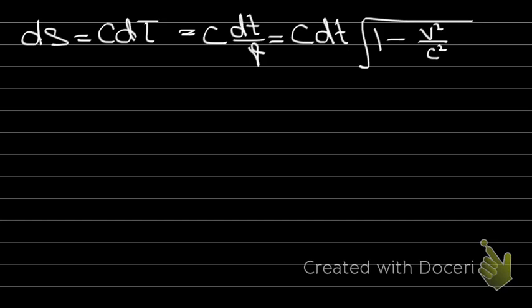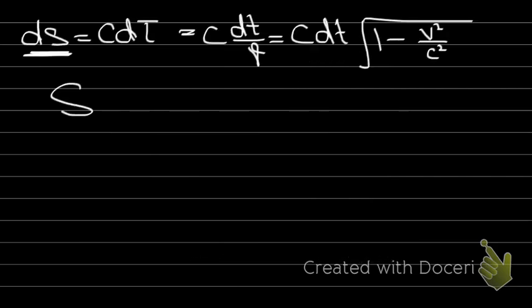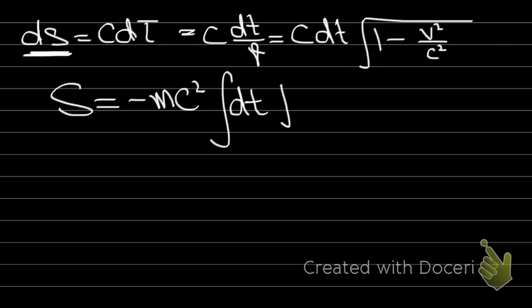With this, if I substitute this ds in my action, what do I get? I get the action equal to negative mc squared times the time integral of the square root of 1 minus v squared over c squared. I substituted for ds.